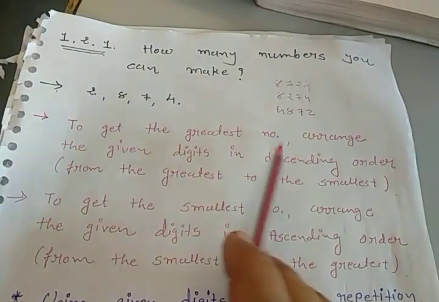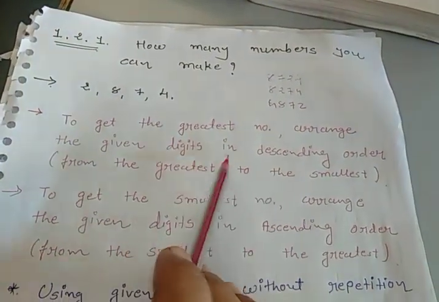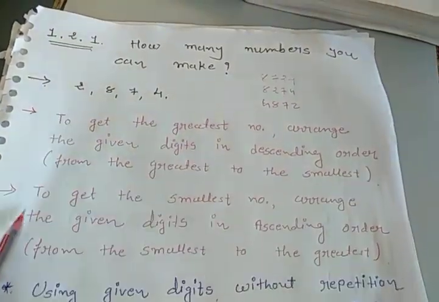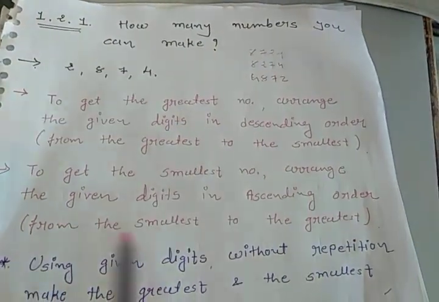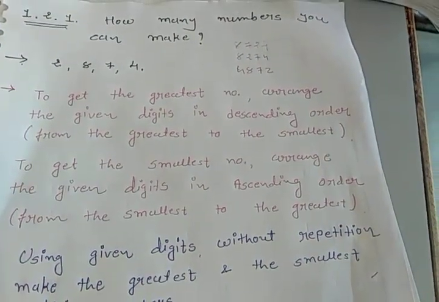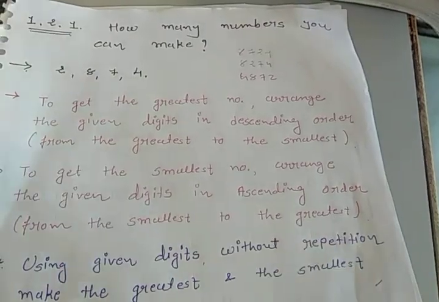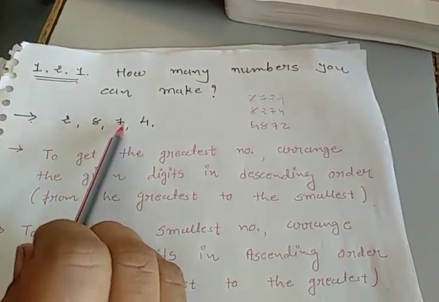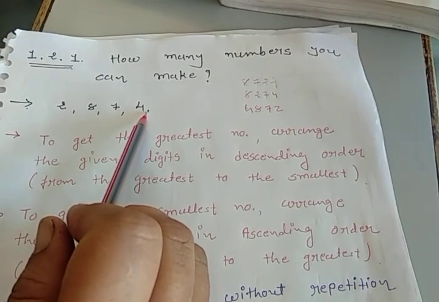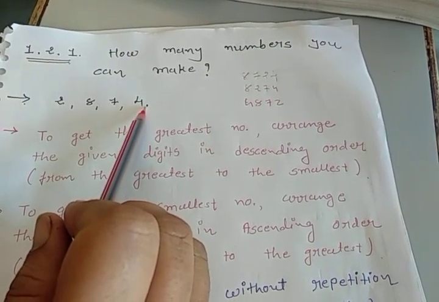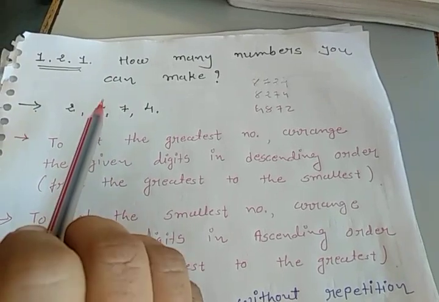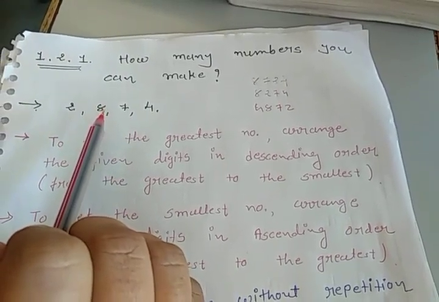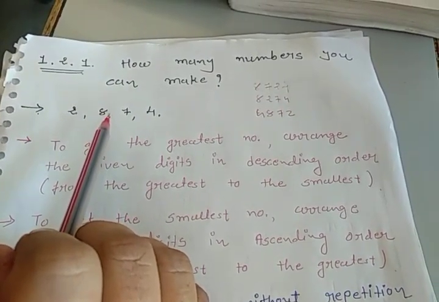To get the greatest number, arrange the given digits in descending order, and to get the smallest number, arrange the given digits in ascending order. Okay, so it's very simple. Here 2 8 7 4, 4 digits are there. I want to form the greatest number. Then what should I do?